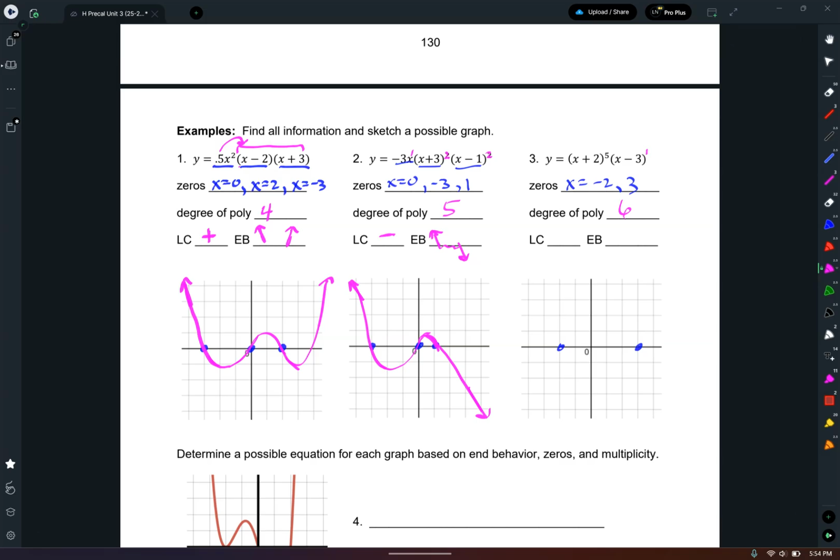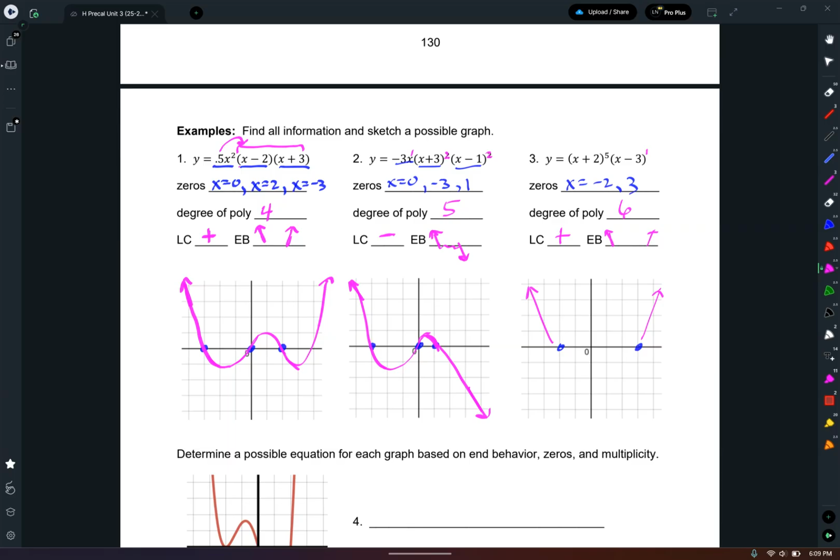So my overall degree is 6 with a +1 leading coefficient. So let's see, even degree, positive leading coefficient. So both ends are going to be going up. All right, so over here we're going up, over here going up.